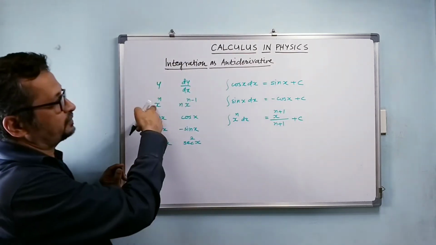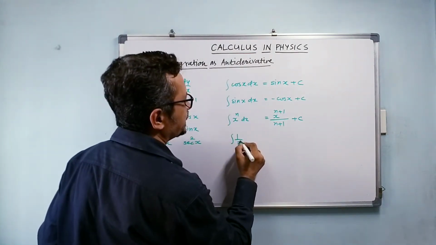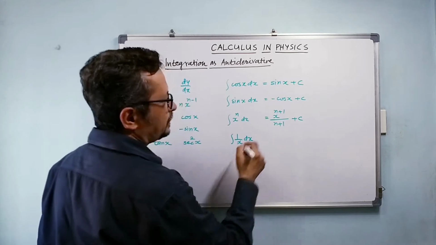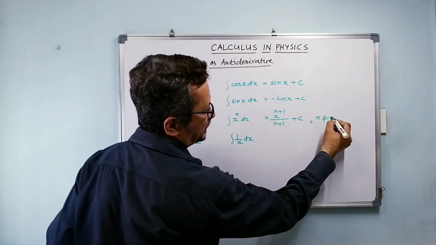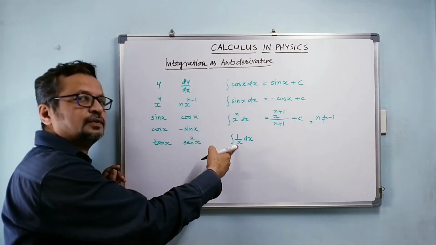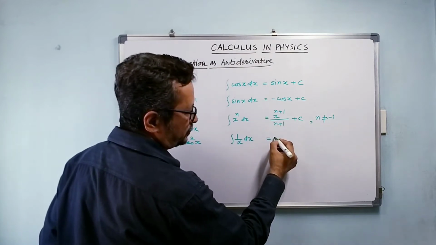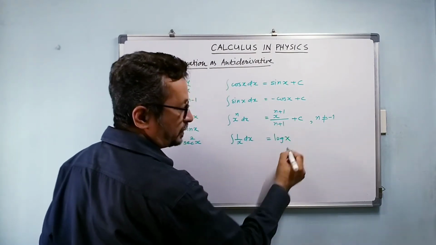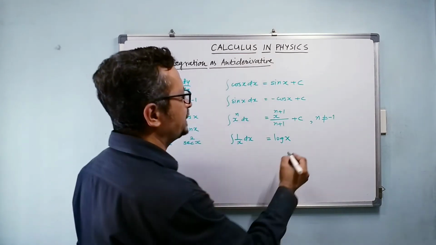Okay, this formula. Now what about integral 1 upon x dx? Now here, n is equal to minus 1. That means if the function is 1 upon x, then we won't be using this formula, but we would be using log of x, because derivative of log of x was 1 upon x, right?